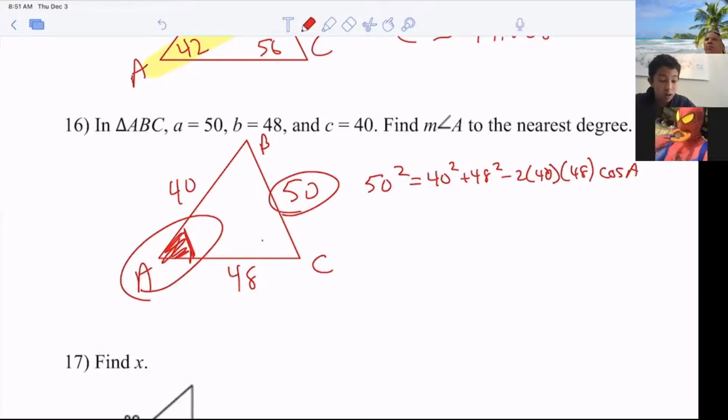But remember, put that in parentheses. Because we've done that several times, I want someone to tell me angle A is roughly what degrees? All right, 68.554 degrees.